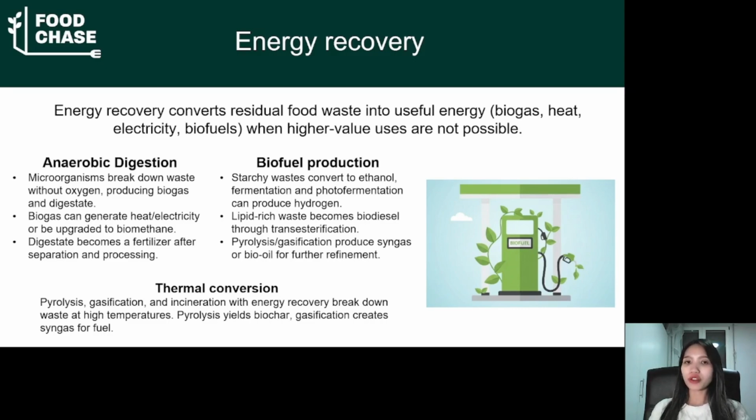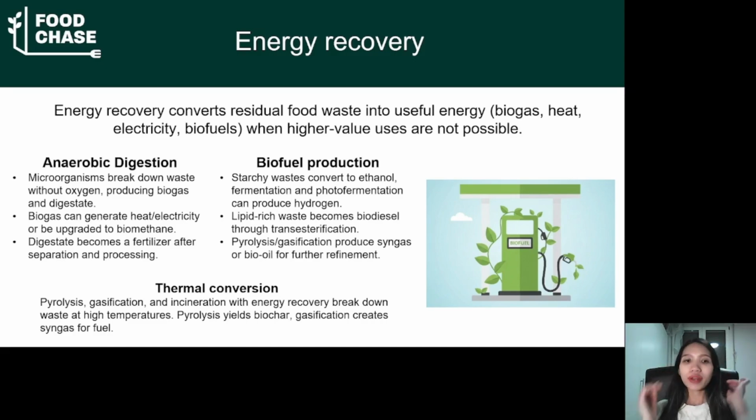In biofuel production, the starchy waste can be converted into ethanol, while fermentation and photofermentation can generate hydrogen. Lipid-rich waste become biodiesel through transesterification. The pyrolysis or gasification can produce syngas for bio-oil or for further refinement.